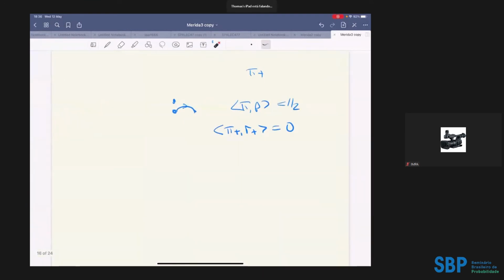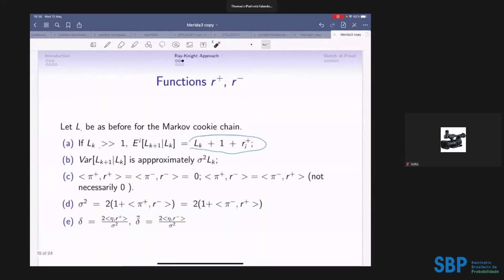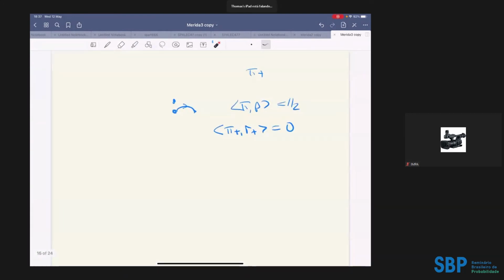And now, sorry, I should say, if we're looking at how LK evolves, there's two things. You have this and you have this. So essentially, when you make LK large and you renormalize LK, as we say, LK plus 1 is going to be equal to LK as you work your way backwards, plus a centered random variable of order square root of LK times square root of LK.